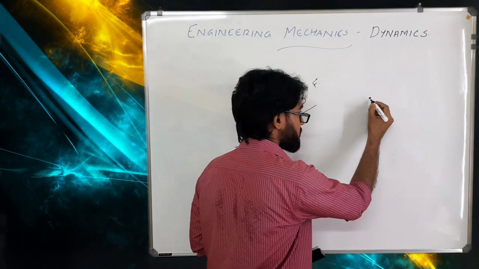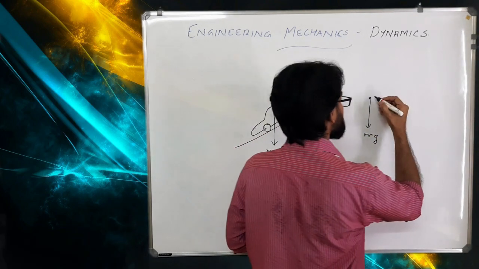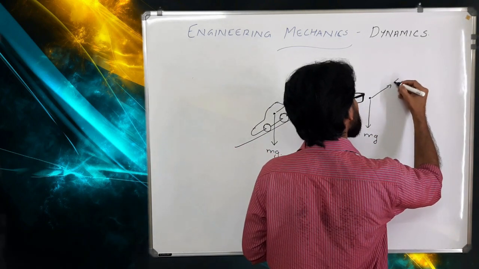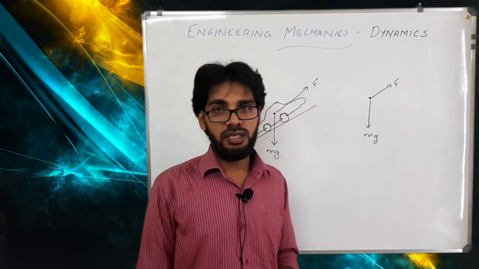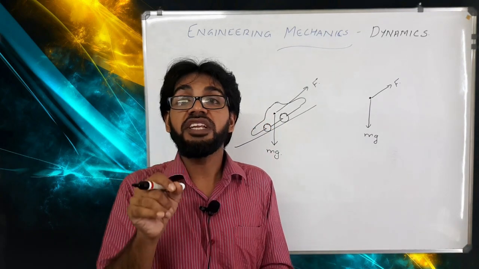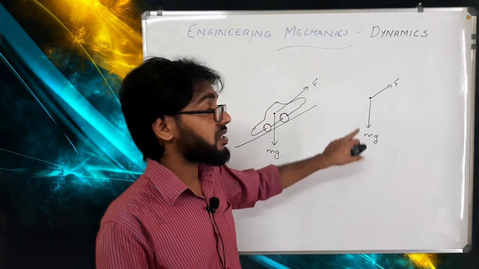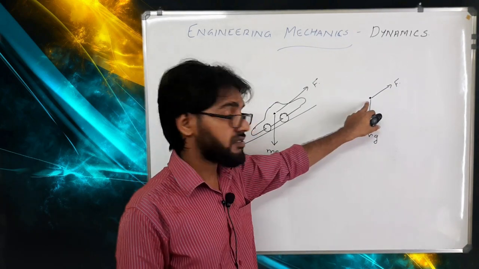And all the forces are assumed to be acting from that particle. The motion of the mass center is all we need to know to characterize the motion of this car. This is the mass center.